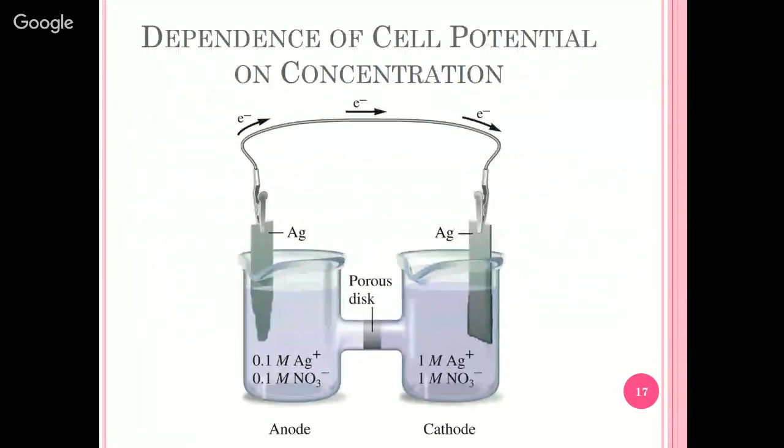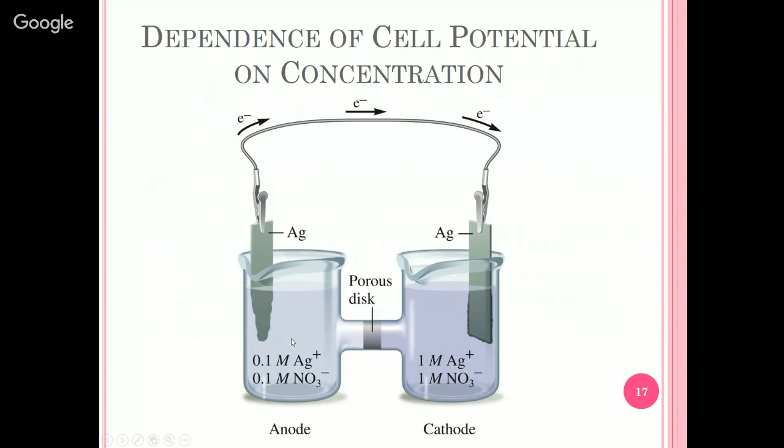What happens if we change our cell potential, or what happens if we change our concentrations away from a 1 molar solution? Here we have 2 silver electrodes. Under the oxidation, this electrode has been not dissolving, but the silver solid is becoming silver cation.